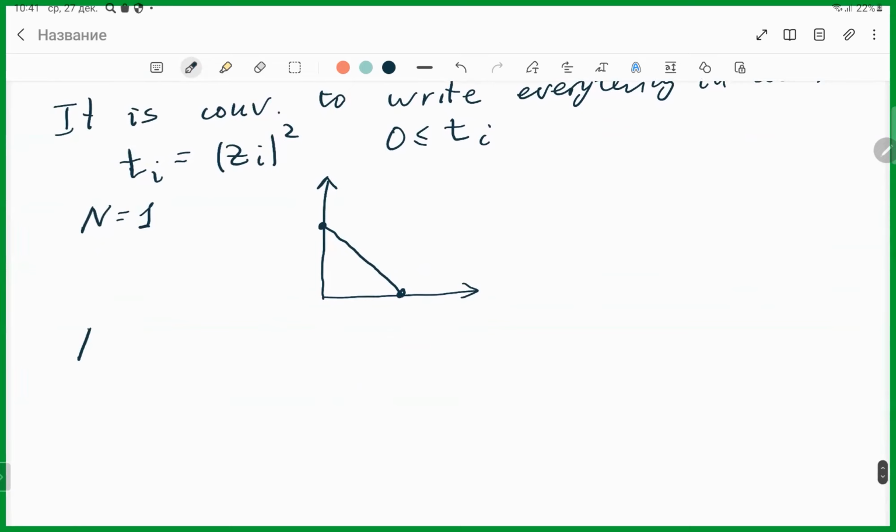We can draw the case. So I take this octant with t1, t2. Now we can consider the n equals 2 case.